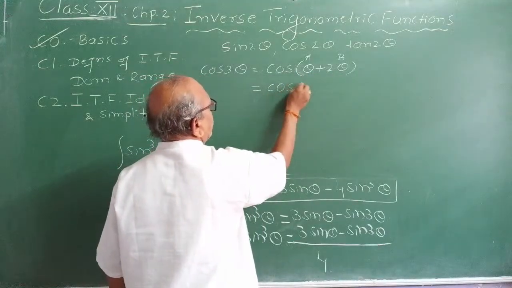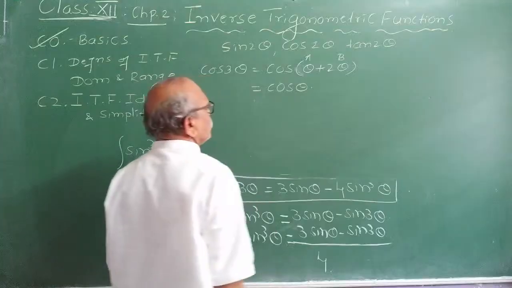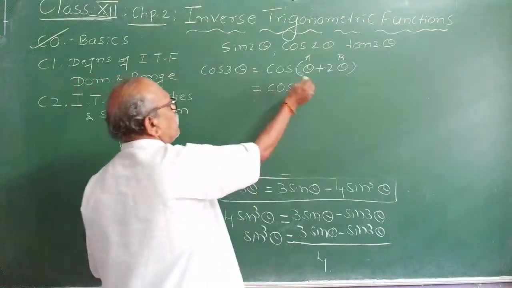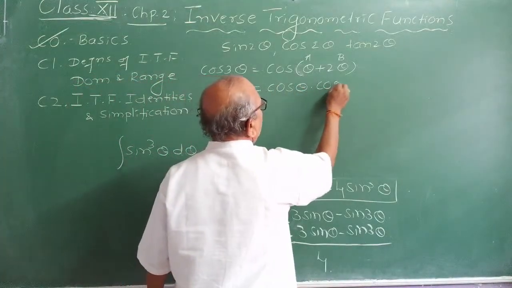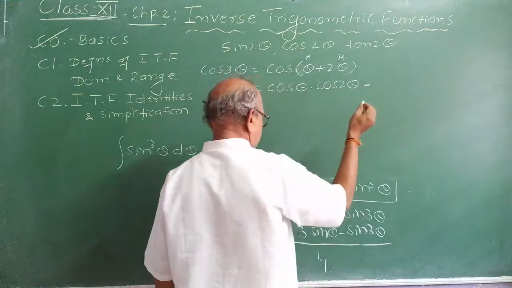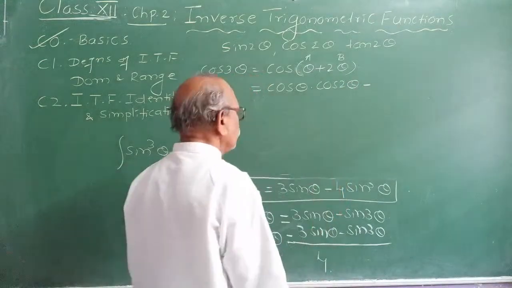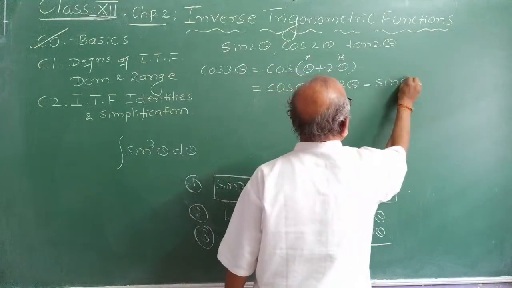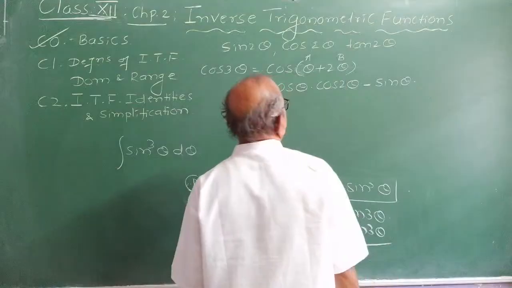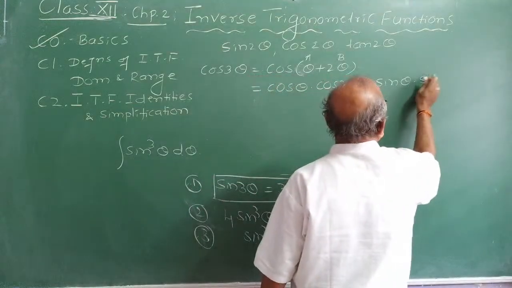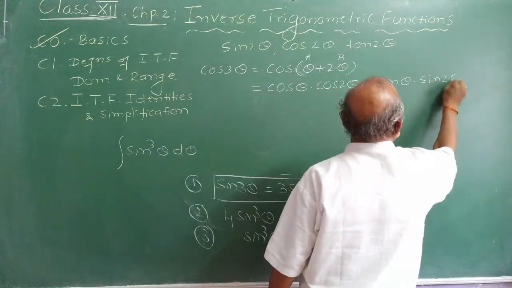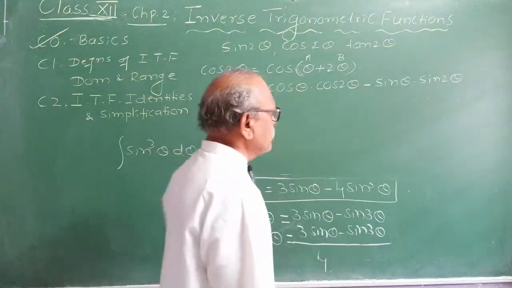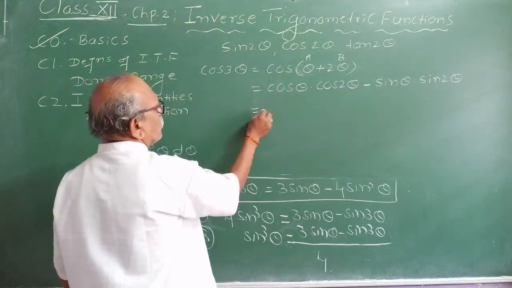Cos A, in the previous classes we recalled, into cos B. Cos B becomes cos 2 theta, minus sin A into sin B. Sin A is sin theta, and sin B is sin 2 theta. This time you have to express everything in terms of cos only.